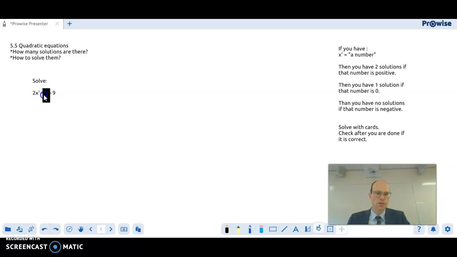I always need to put it on what I want to calculate, where the x is. So if over here we want to solve this one, I place my card over the 2x squared, and then I can see something minus 3 is equal to 9.